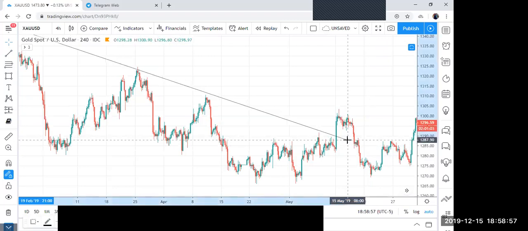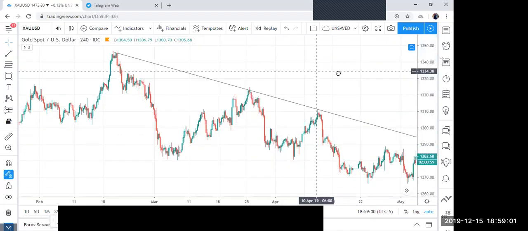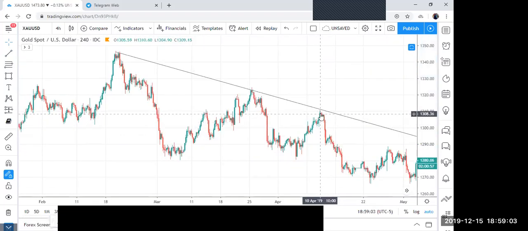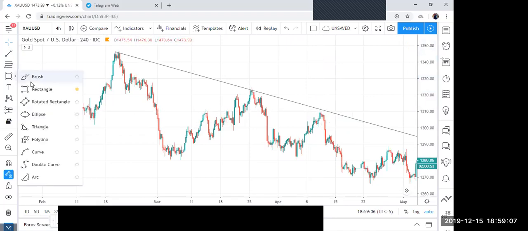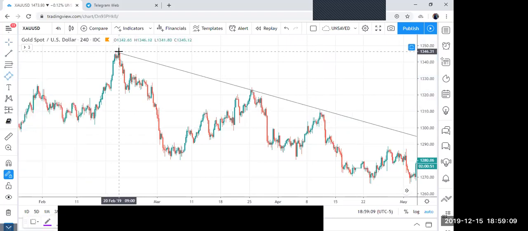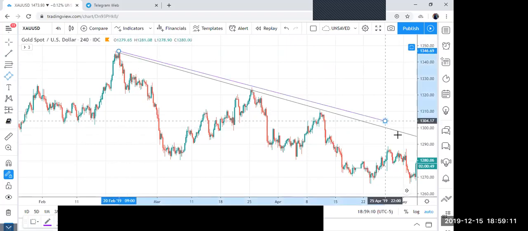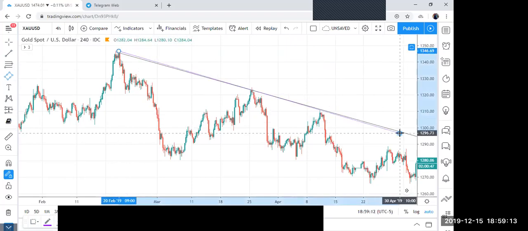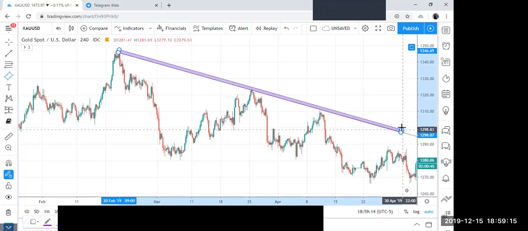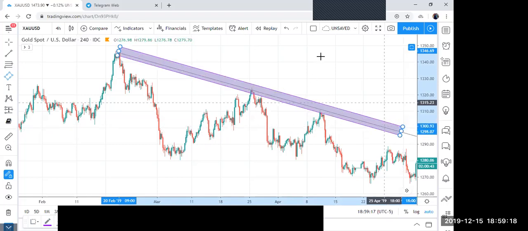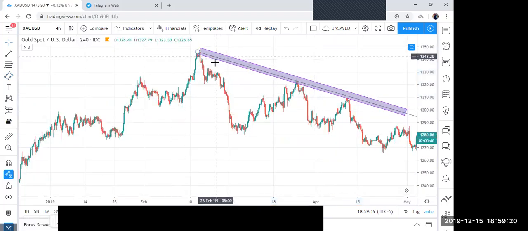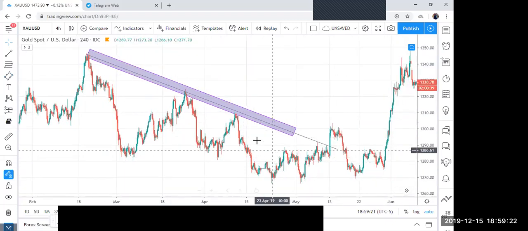And always remember that support and resistance is an area and not so much this one particular line. So here, price did find resistance on this area on the trend line. This would be like my zone for a trend line.